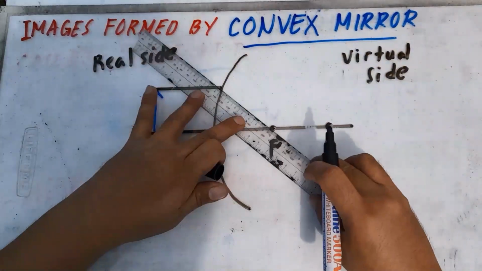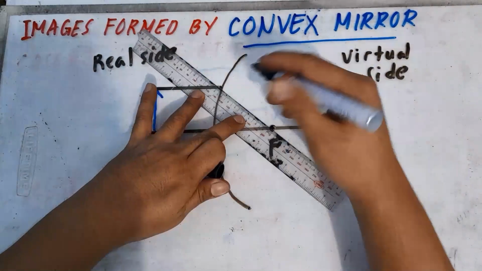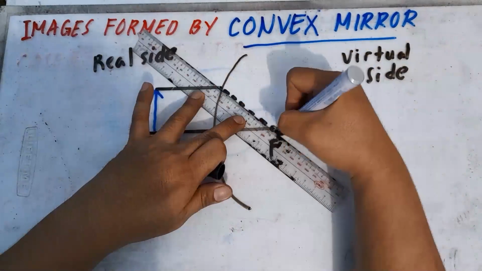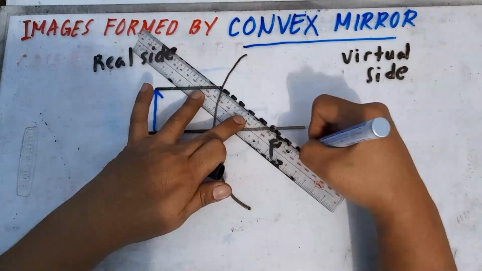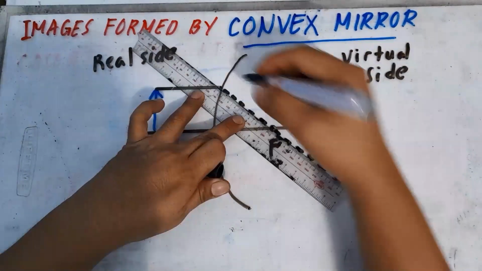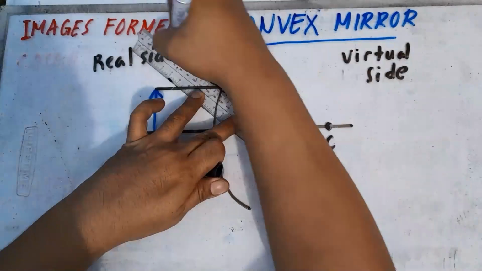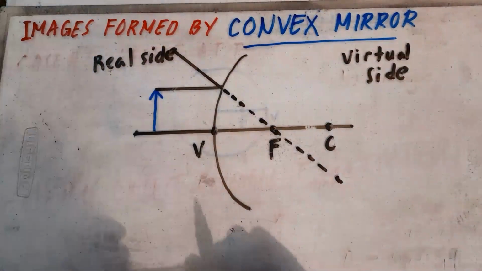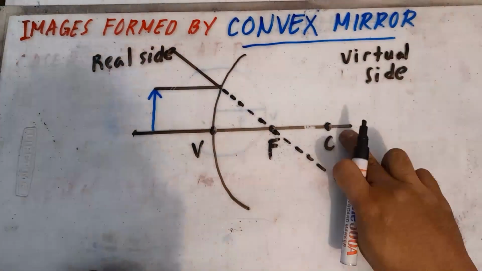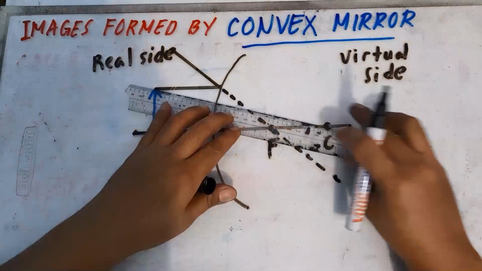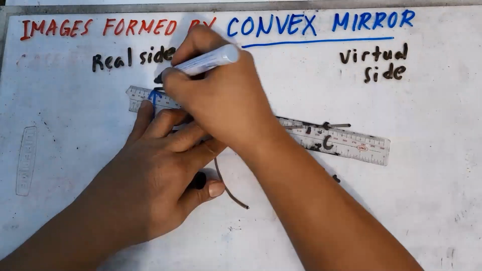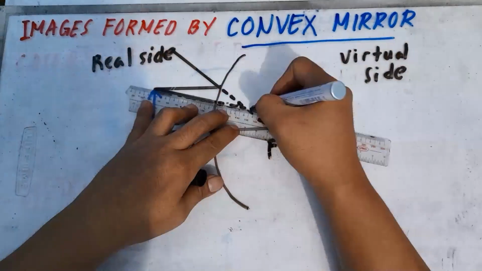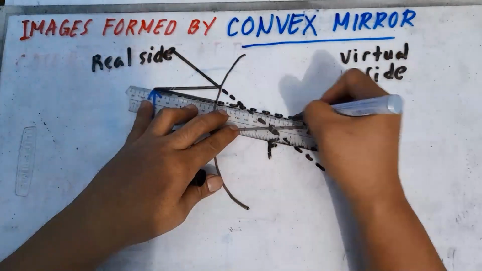Since it is a virtual side, we will be using broken lines. Next, a ray passing through the virtual center, from the tip of the object to our virtual center, and it will be reflecting in the same direction.